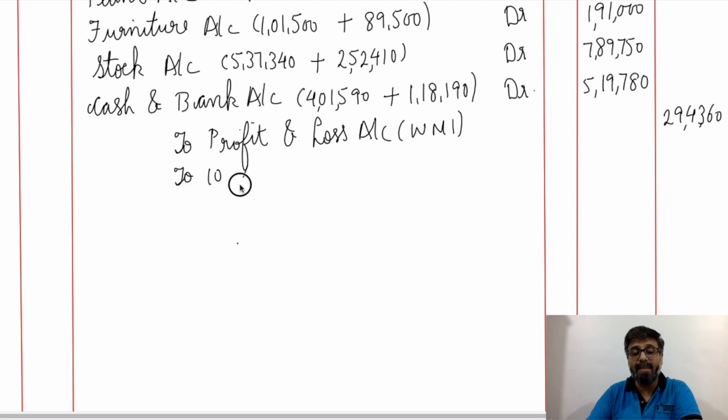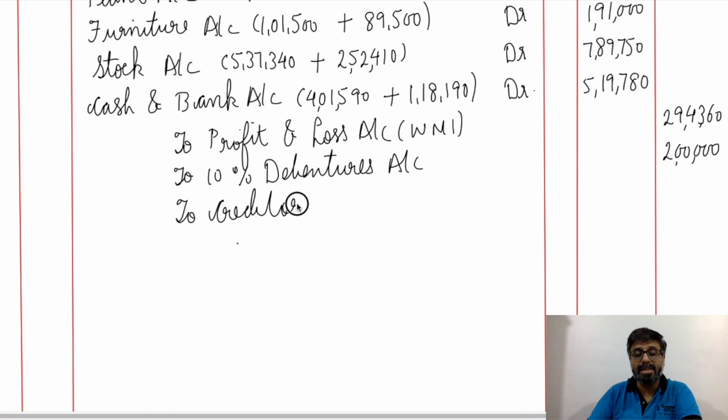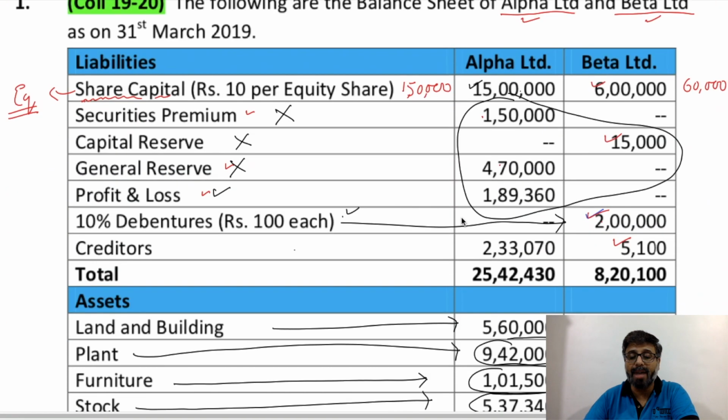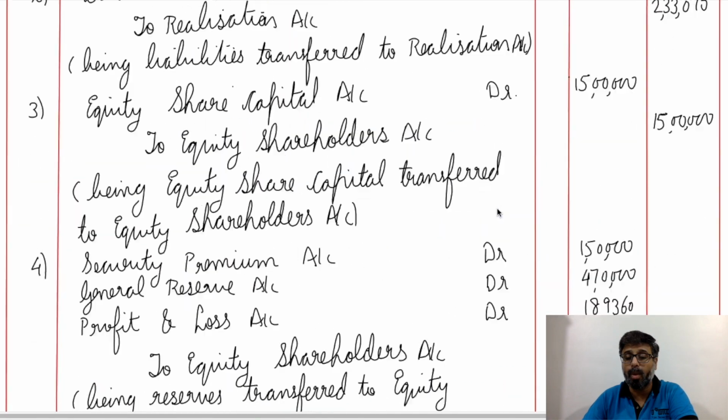Other than that, which liabilities do we have? To 10% debentures account. Alpha Limited has no debentures. Beta Limited has debentures of 2 lakhs. And then to creditors account. Now creditors again we will add of both the companies. So if you see, creditors of Alpha Limited are 233,070 and Beta Limited's creditors are 5,100.